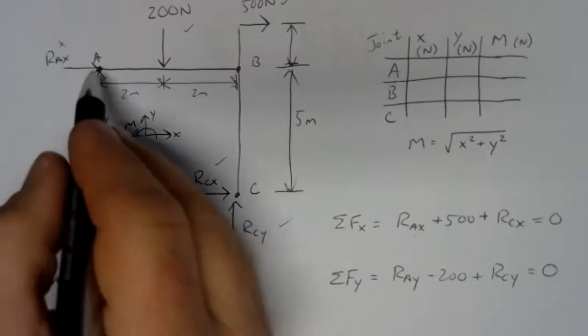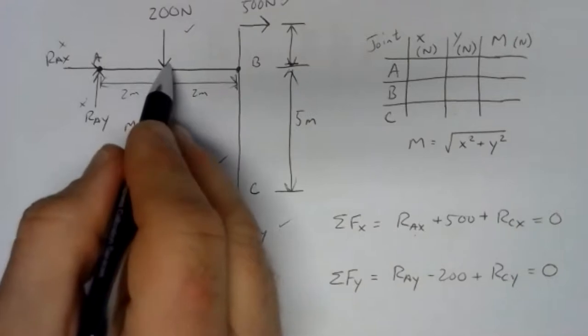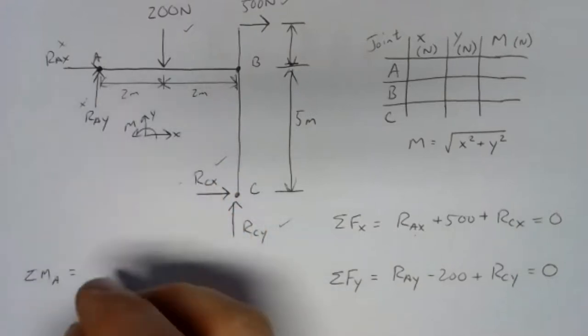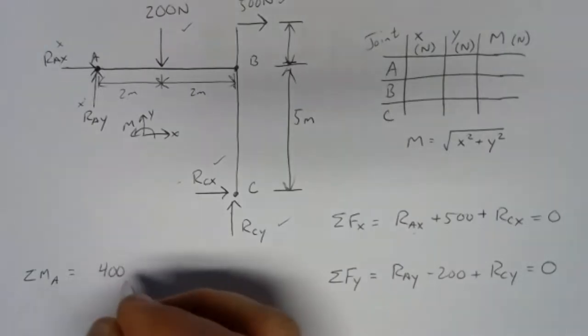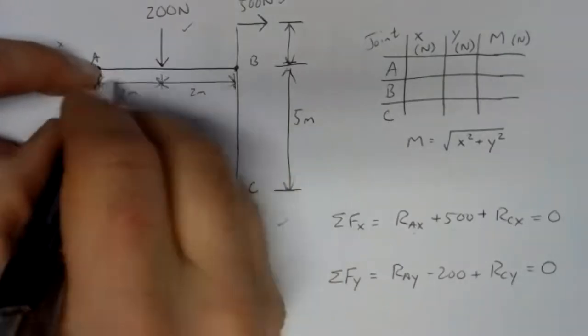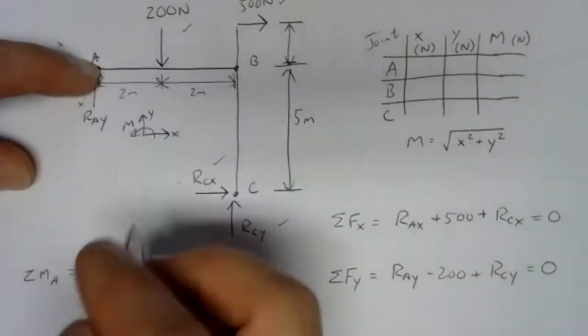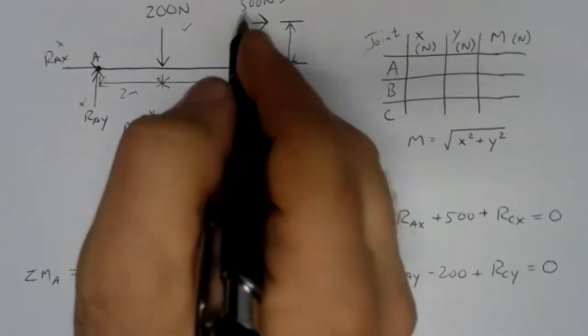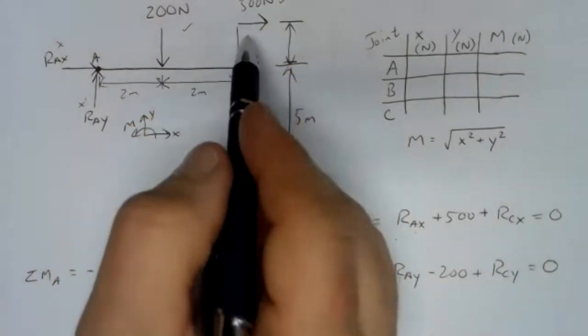At A, I have this 200 Newton force 2 meters away. So that's 2 times 200, that's 400 Newton meters, pinned at A, pushing down clockwise, and clockwise moments are negative. So there's one term. The 500 Newton force has a moment.